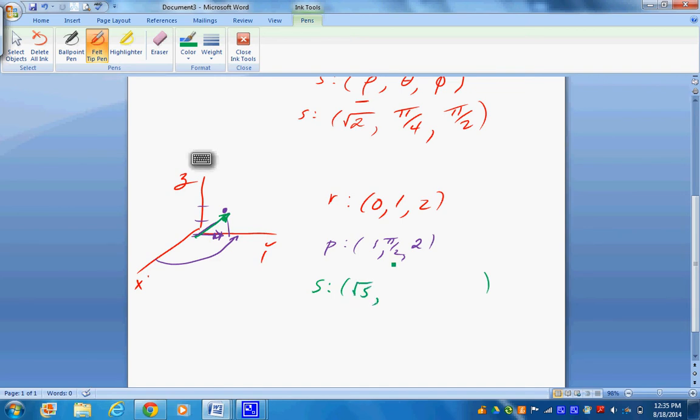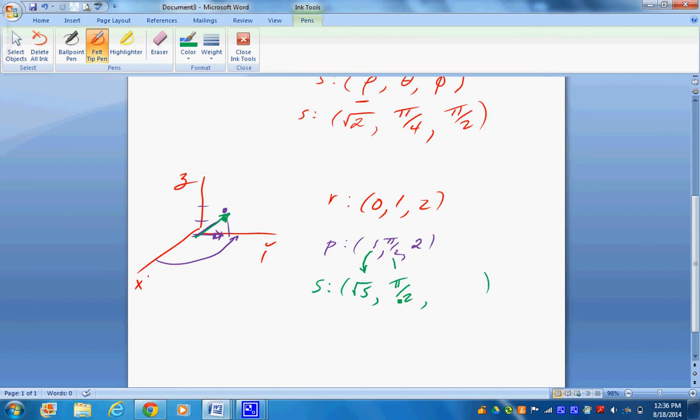The second one is simply theta again, so that's going to be pi over 2. So all I've done is replaced my square root of x squared plus y squared with square root of x squared plus y squared plus z squared, the same angle off of the x-axis in the xy plane.